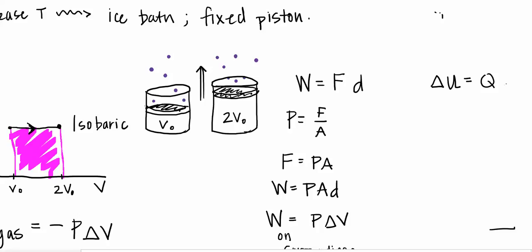And so in order to have this change and work being done, then there probably has to be some sort of energy exchange with the environment. So think about the lab that we did where we kept the volume the same. We put it on a hot plate. We put it in a cold water bath.